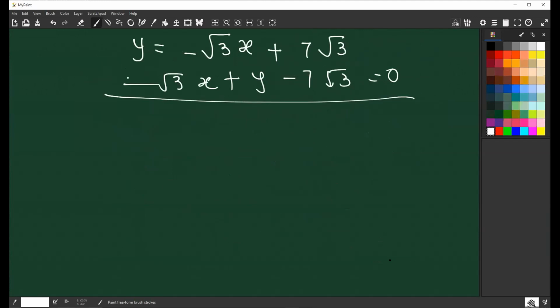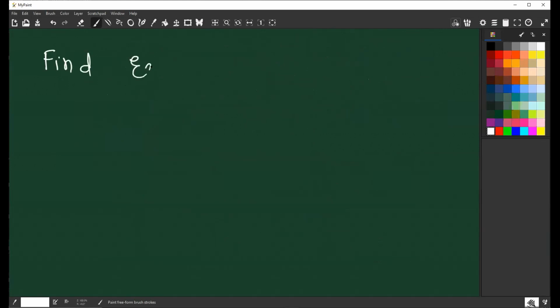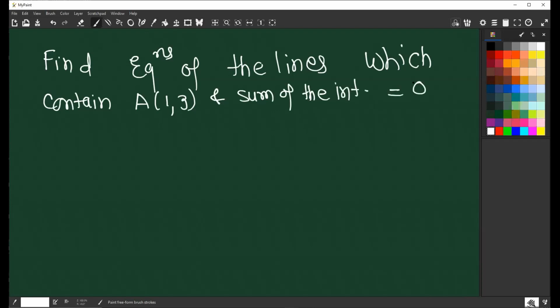Now I'll give you a nice sum. Try this. Find the equations of the lines which contain point A (1, 3) and sum of the intercepts as 0.